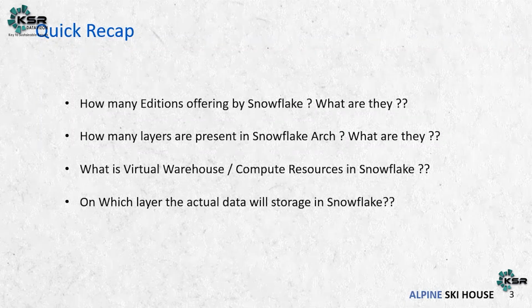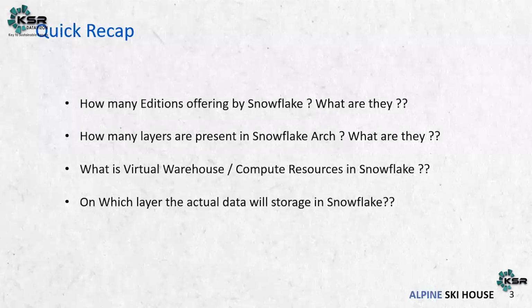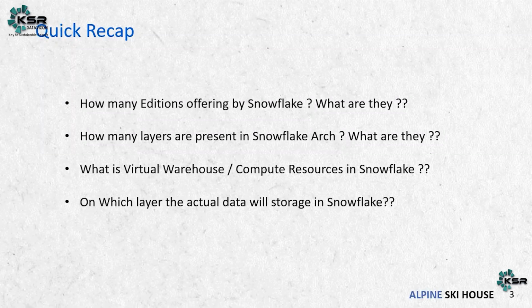That's called metadata. What is metadata? Data about data. If you write a small query saying you want customer information, that is data about that data, which is metadata. All this metadata is stored in your cloud services layer.